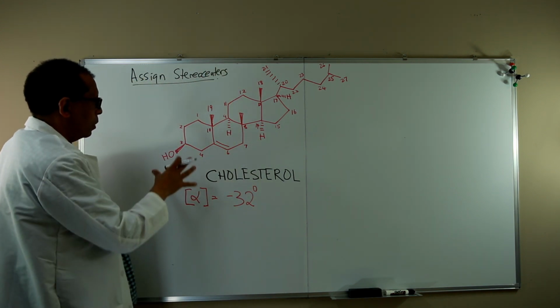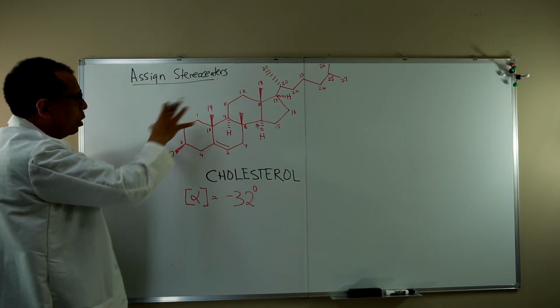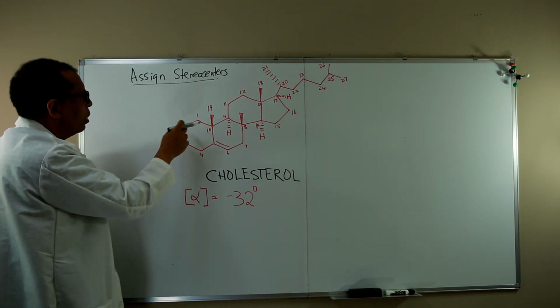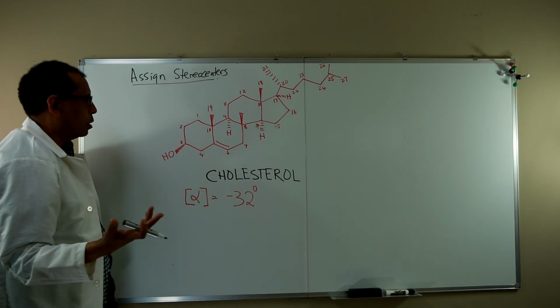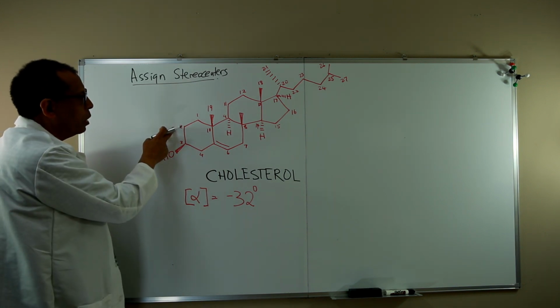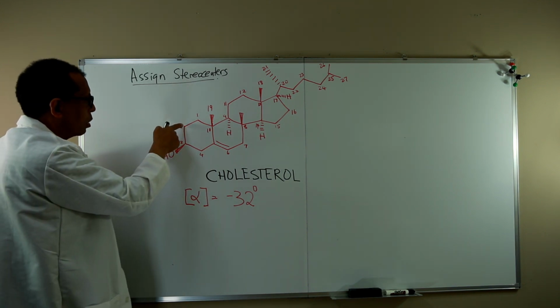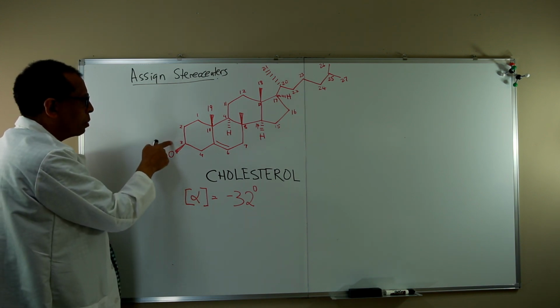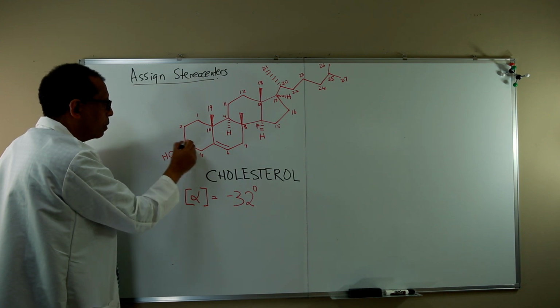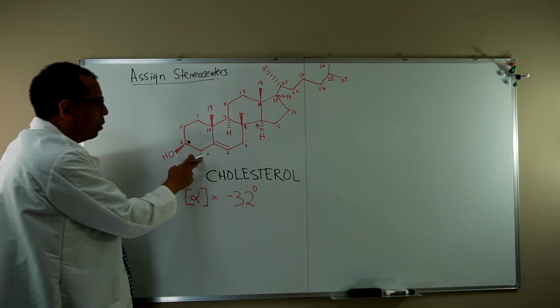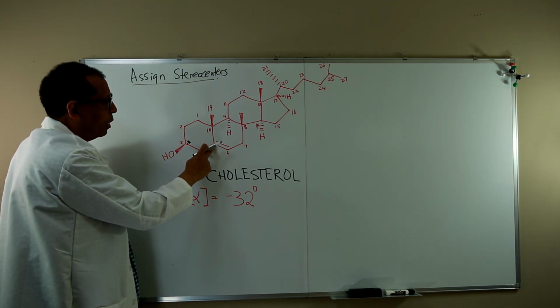So I will begin by looking at the compound from carbon 1. Carbon 1 cannot be a stereogenic center. 2 is not, obviously. There are 2 hydrogens on it. But carbon 3 is a stereogenic center. Carbon 4 is not. Carbon 5 is not.